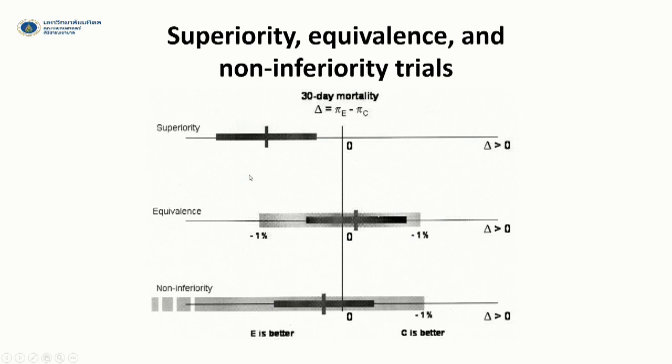So this medication, this trial is better than another trial, or equal to another trial, or non-inferiority comparing to another trial. Some companies produce a medication because it's cheaper than the original medication. So you want to see if the effect on the outcome is the same. Like for example.